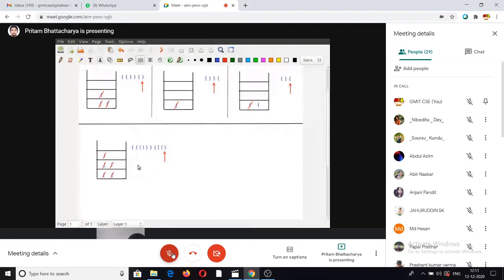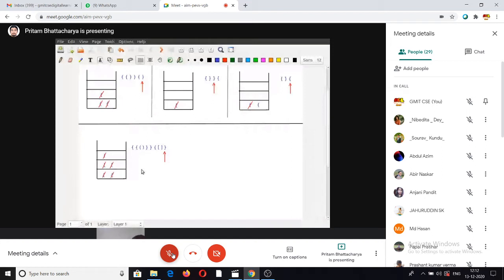As I said, the main thing you have to keep in mind is when you see an opening parenthesis of any type, you can blindly just push it in. But when you see a closing parenthesis, you have to check it carefully against the top of the stack. It's not enough to just see whether the stack is empty or not. Even if it is non-empty, the top element on the stack has to match the type of the bracket.